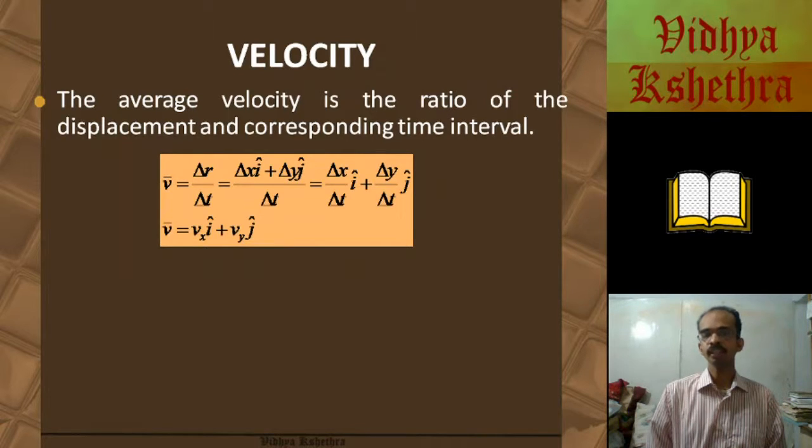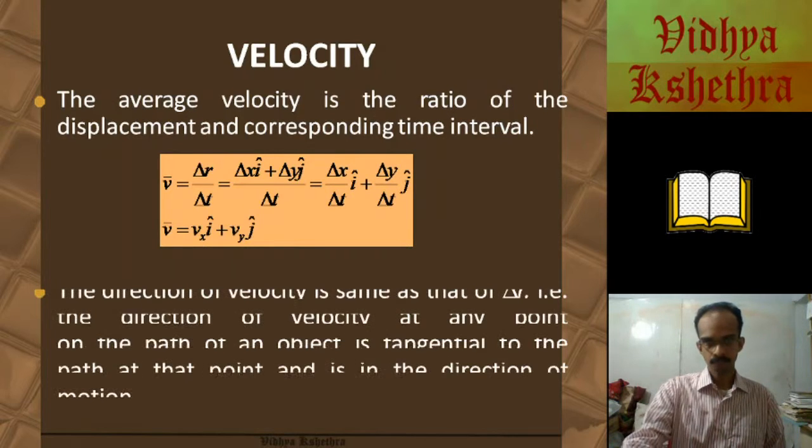We have already seen that the displacement vector delta r can be represented as delta x i cap plus delta y j cap, divided by delta t. Then it becomes average velocity v is equal to vx i plus vy j, where vx is equal to delta x by delta t, while vy is equal to delta y by delta t.